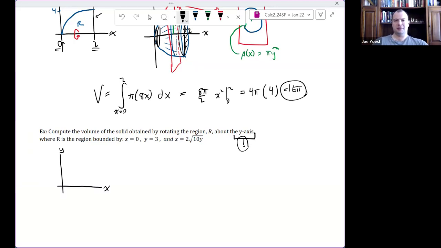R is the region bounded by x equals 0, in other words, the y-axis, y equals 3, and x equals 2 root 10y.